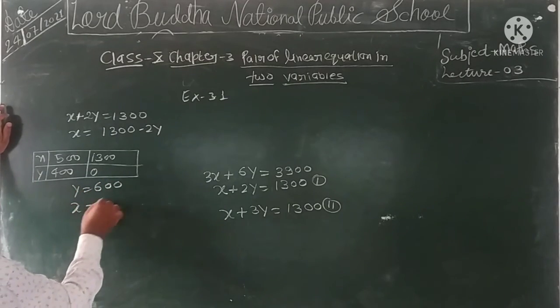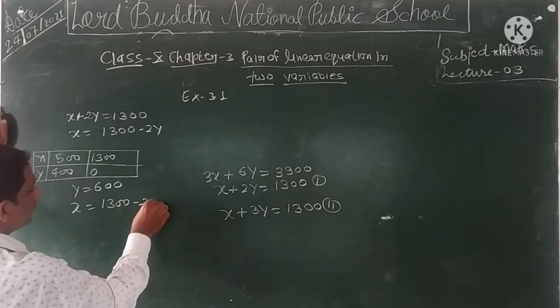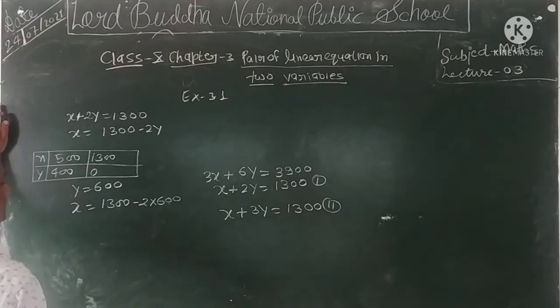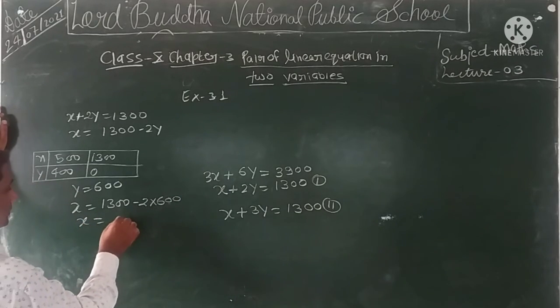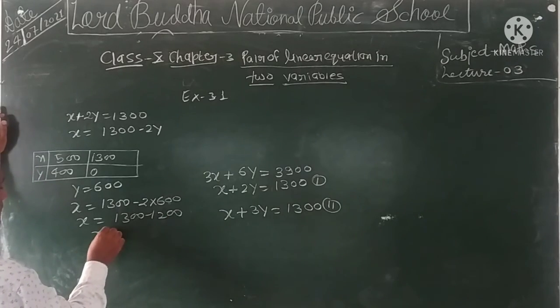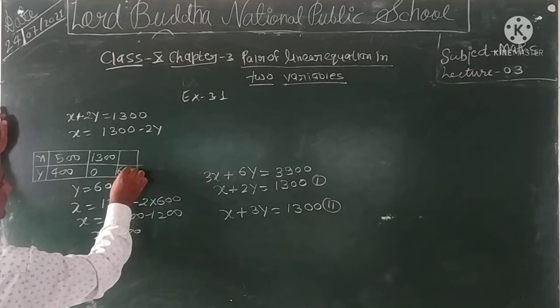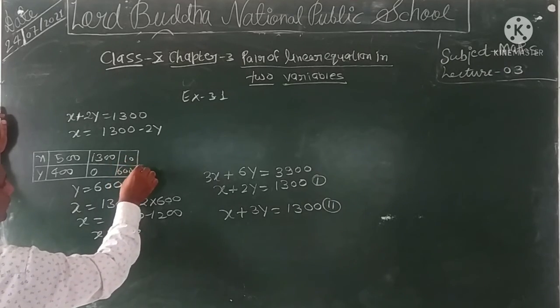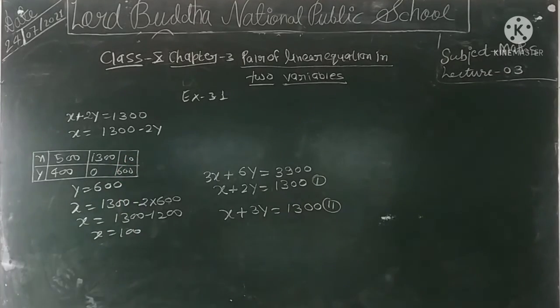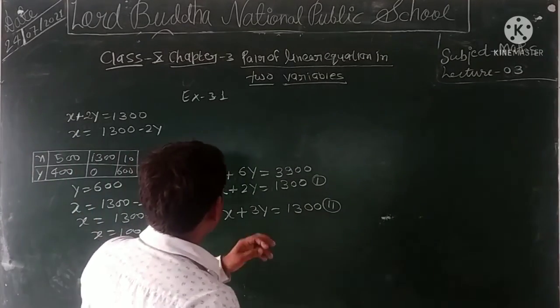So x equal to 1300 minus 2 into 600. X equal to 1300 minus 1200, x equal to 100. Here y is 600, here x is 100. Now we form the table of the values of x and y for the second condition.